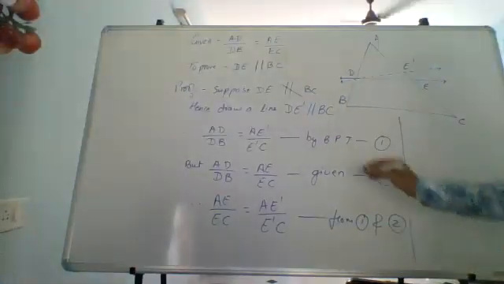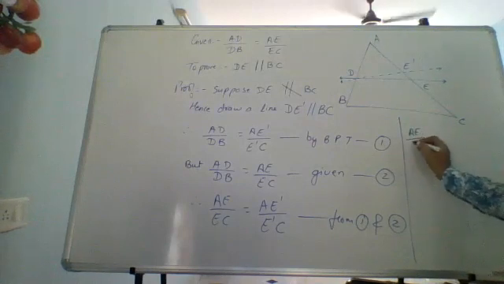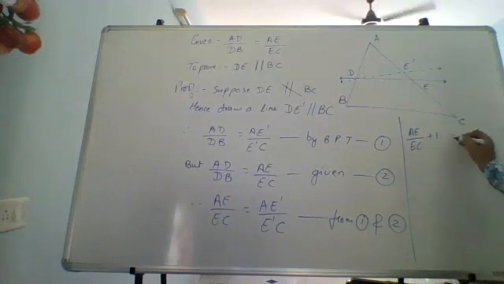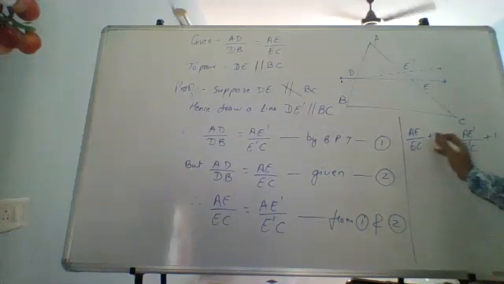Let's say I add 1 to both sides. AE upon EC plus 1 equals AE dash upon E dash C plus 1. Obviously I'll take the LCM.